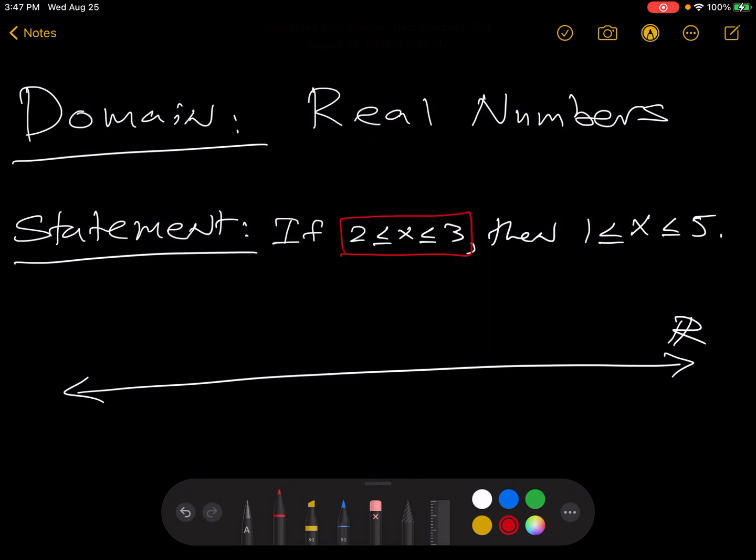So we have 2 and 3, 1 and 5. So that's all that. Let's do this in blue.